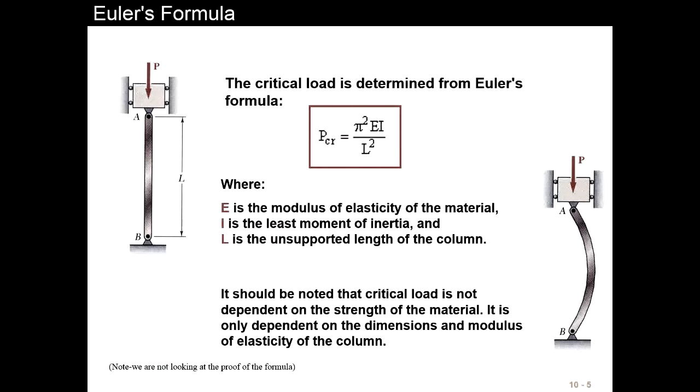So when we look at deflection of beams, deflection of columns, again, the two main things that we're looking at is the modulus of elasticity, E, and then we've got here, I is the least moment of inertia, or second moment of area.